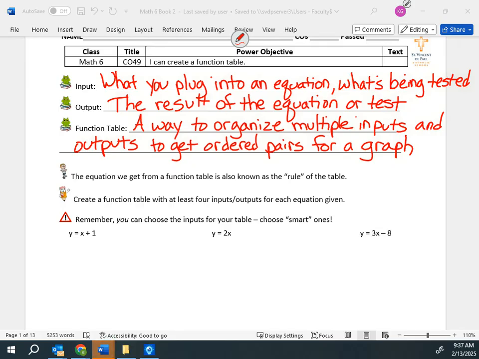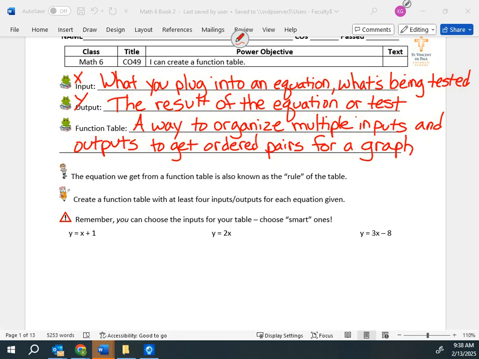So we're putting in the input, we get out our answers, the output, and then we keep it all organized so we know which input goes with which output, and we can use those to make ordered pairs. So our input is going to be the x's of our ordered pairs, and our output is the y's of the ordered pair.